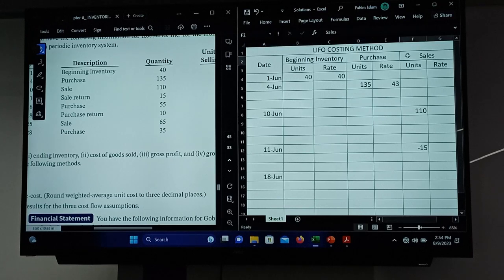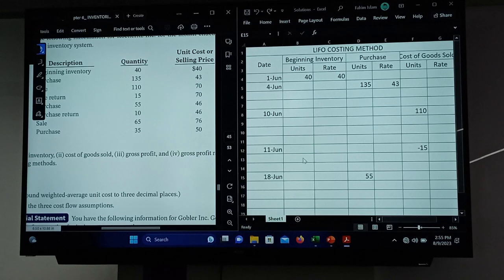We have written here sales, it should be cost of goods sold. So the cost of goods sold, at June 18, we are having a purchase of 55 units. So we'll write that in the purchase, and the rate will be as it is, $46 per unit.